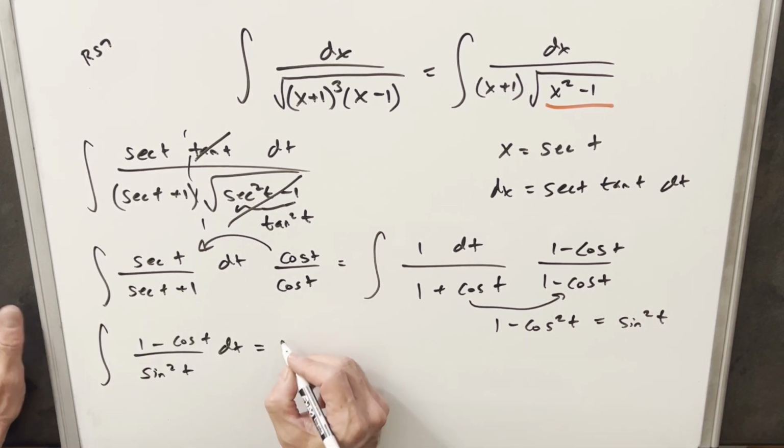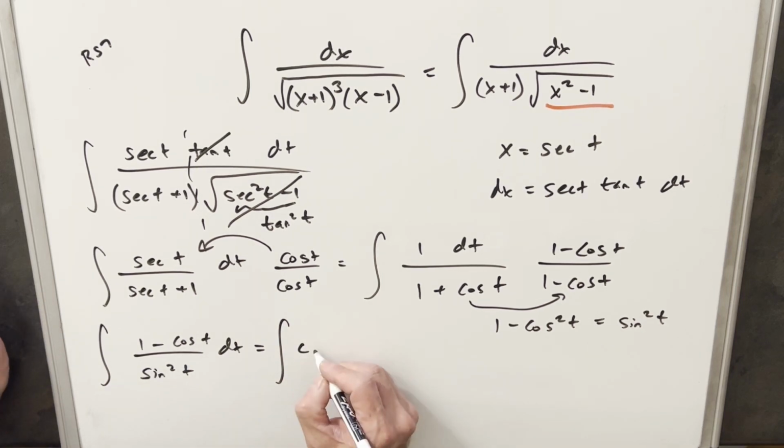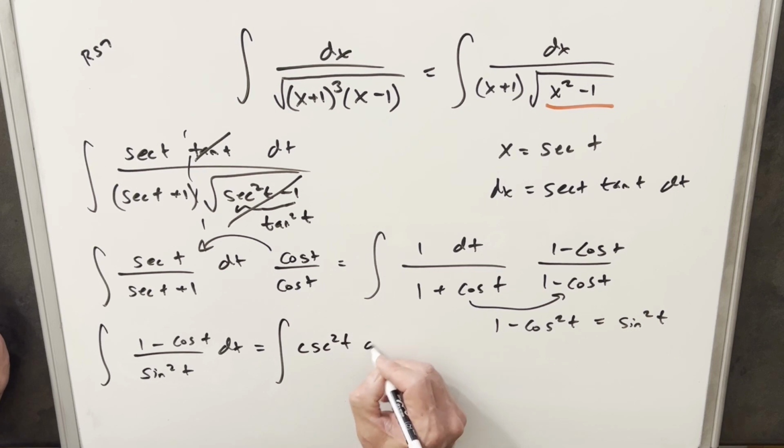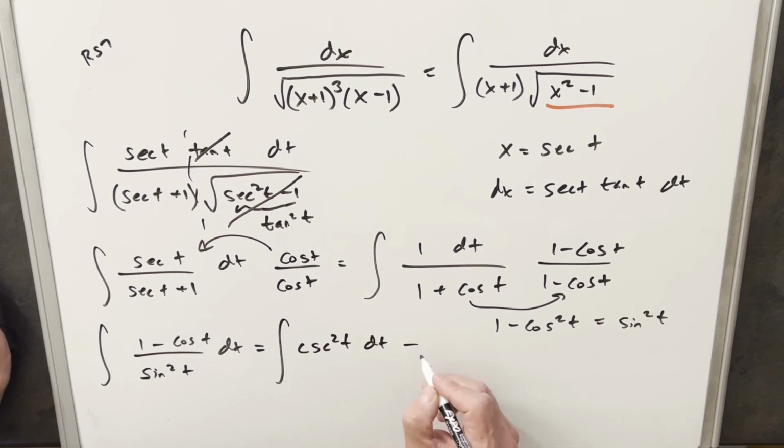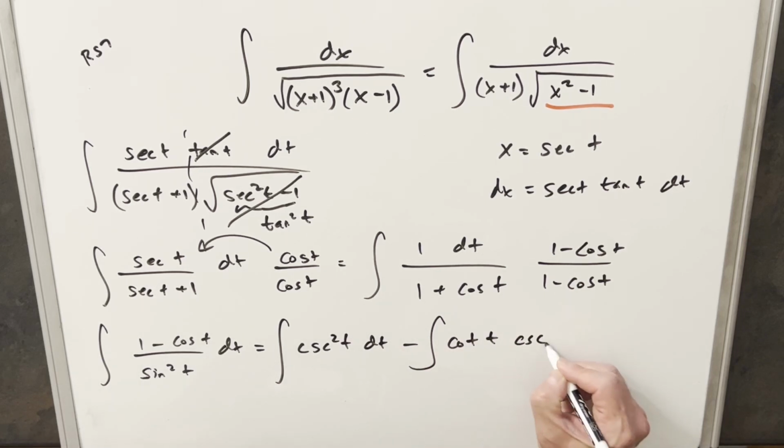So let's just rewrite what we have. But then what I can do is split this up into two integrals. The first one with the sine squared in the denominator is going to be the same thing as cosecant squared t, which we know how to integrate. And then for the second one, instead of writing this as cosine t over sine squared t, you'll notice if I break up the sine squared t, I can write this as cotangent t times the other sine, which is going to be cosecant t.